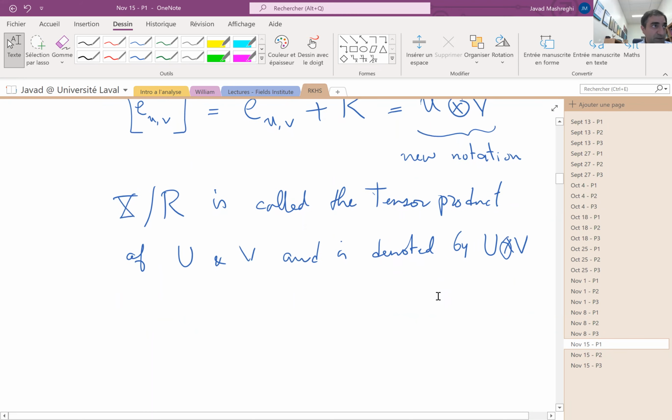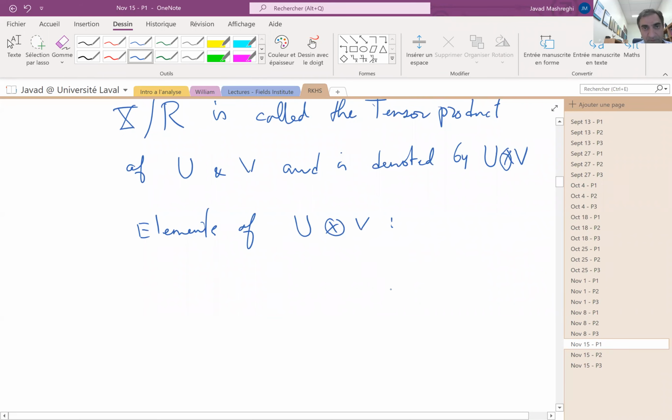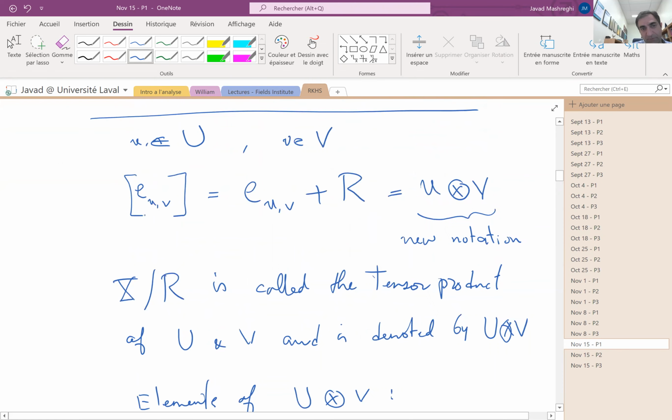Note that any element of this, elements of U tensor V, are of the form of a linear combination of elements like this.